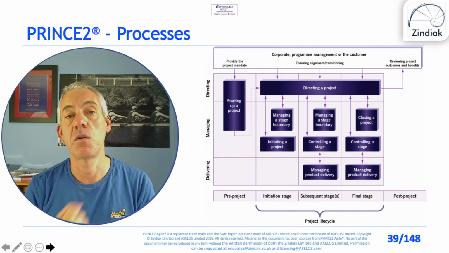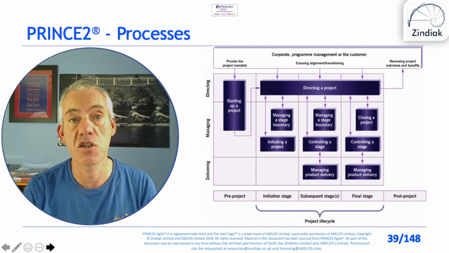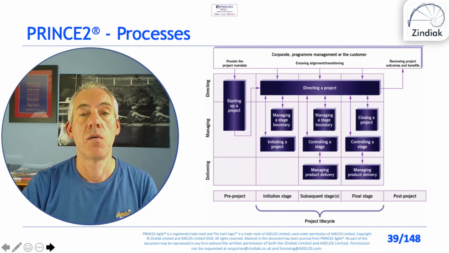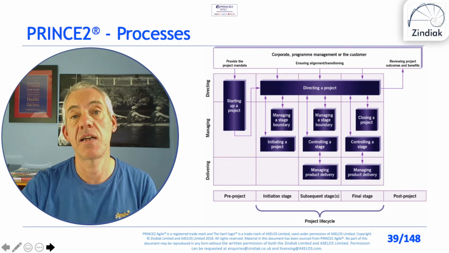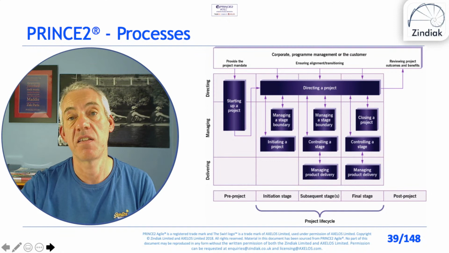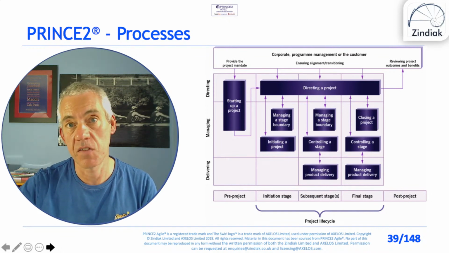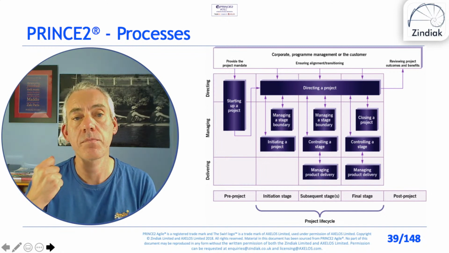And then I, as project manager, go into controlling a stage, where I'm interacting, I'm collaborating, I'm directing product delivery, so the delivery team, the scrum team, and I've talked about the importance of defining how you're going to do that.